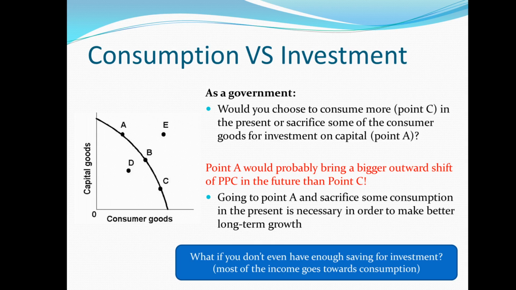So they spend most of their money on consumer goods to sustain their lives, and they cannot even save money for investment. So even though some countries know this is how we can achieve long-term growth, it's so difficult for them to achieve this, even though they know a concept like this.